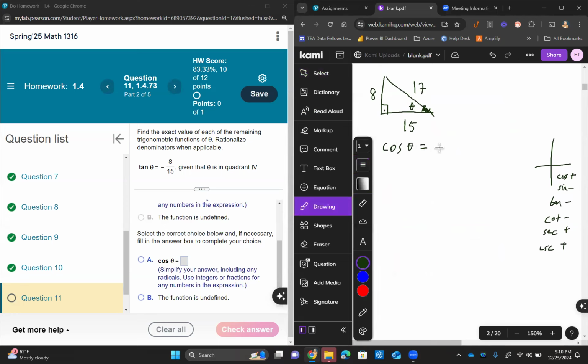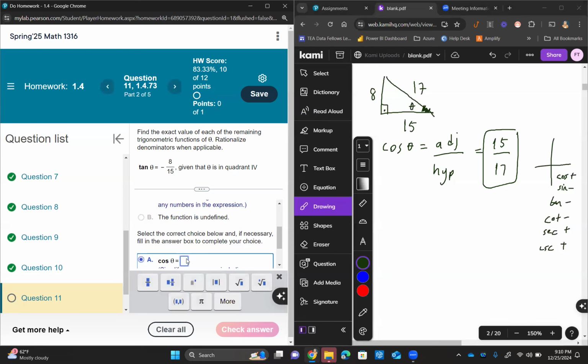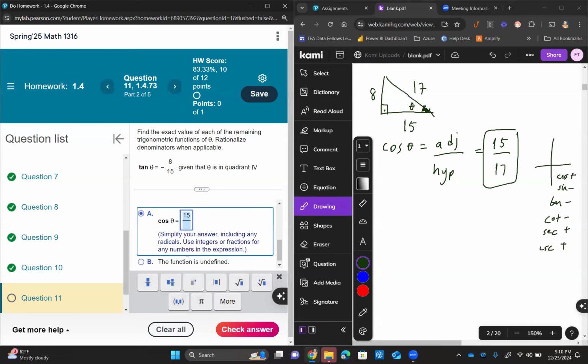To calculate the cosine value, we need adjacent over hypotenuse. So the adjacent is 15 and hypotenuse is 17. I just have to check the sign. Cosine is positive in quadrant 4. So I'm done with cosine. I will enter here 15 over 17.